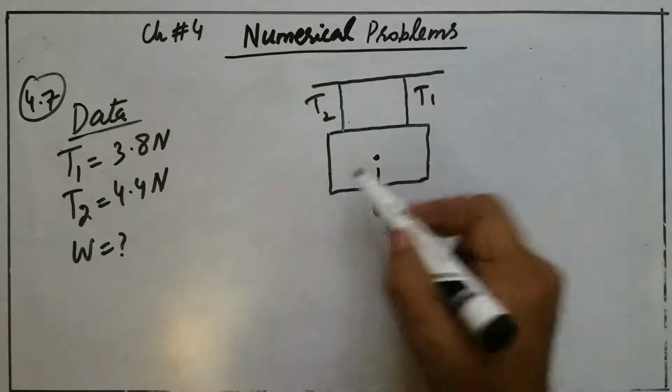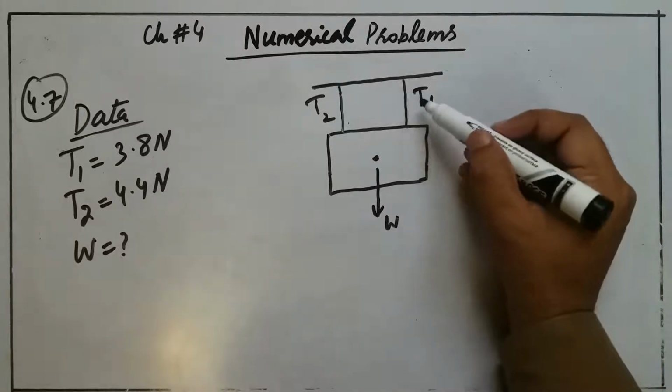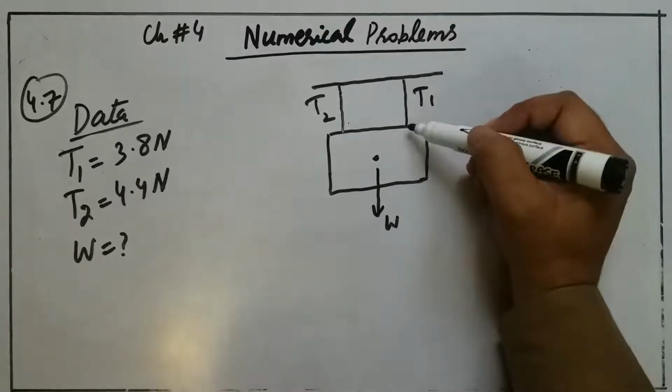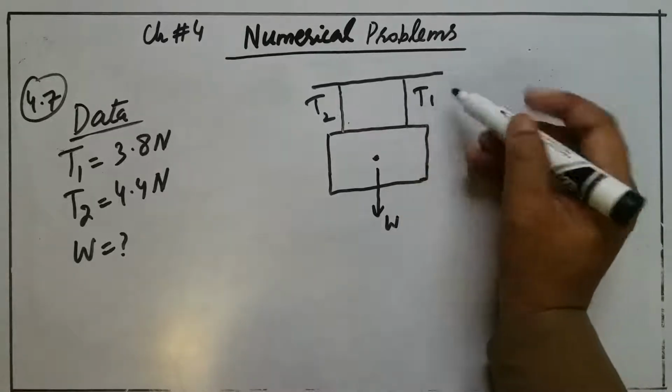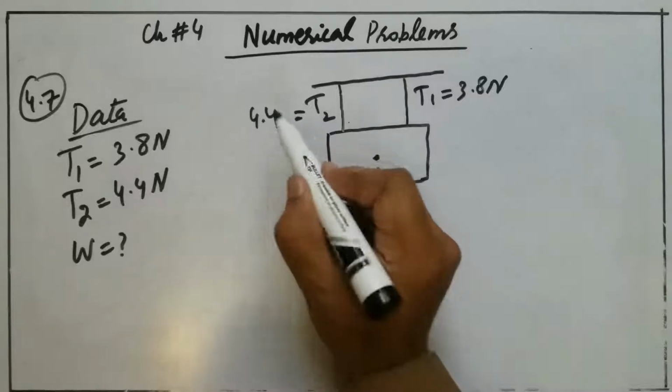That is the frame, and this frame is being hung with two strings having tension T1 and T2. It means the forces applied by these two strings, opposite to the weight, are number 1, 3.8 Newton, and number 2, 4.4 Newton.